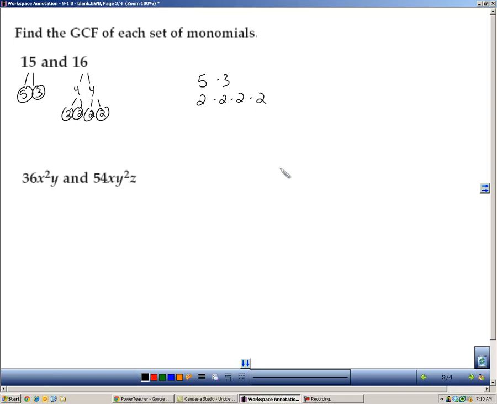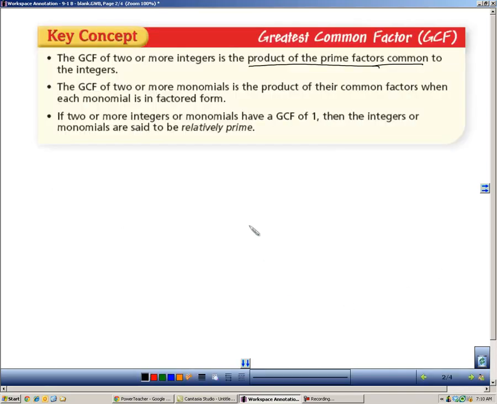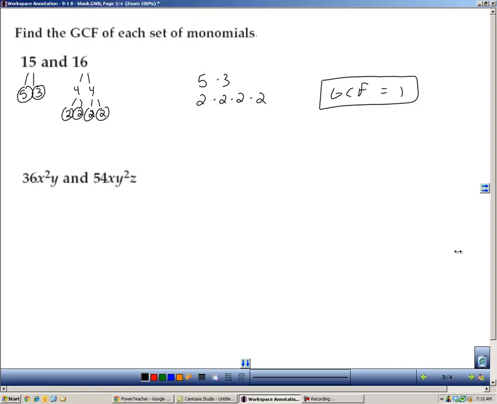And now you want to circle all the ones that are in common. Well, if you notice, there is nothing in common. When that's the case, we say that the GCF of these two numbers is 1, because 1 is a common factor of any number. Now, the term that we give for those kinds of numbers is back here on the key concept. We call those numbers relatively prime. There's no GCF except for the number 1.